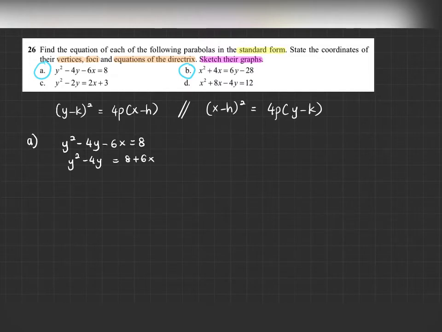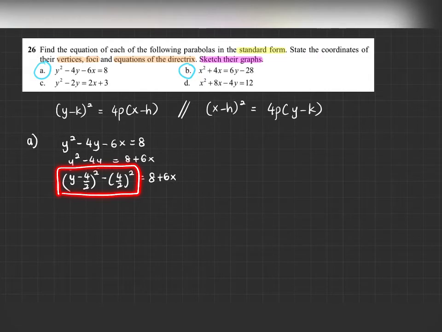Next, we need to make sure it is written in factor form like this. The way is to perform completing the square, but on the left hand side only, one side only. So here (y - 4/2)^2 - (4/2)^2 = 8 + 6x. We do the completing the square just on this side.